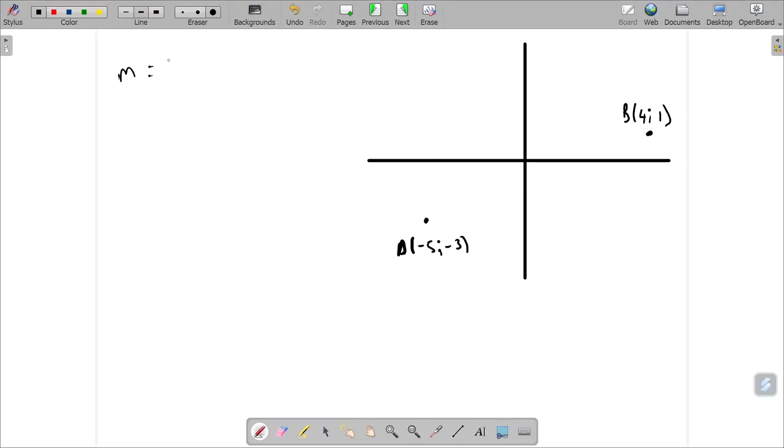So what I'd like to look at now is if the gradient is y2 minus y1 over x2 minus x1.